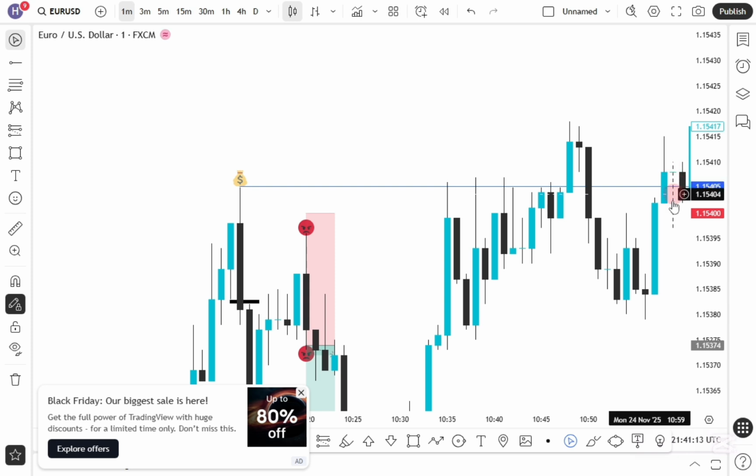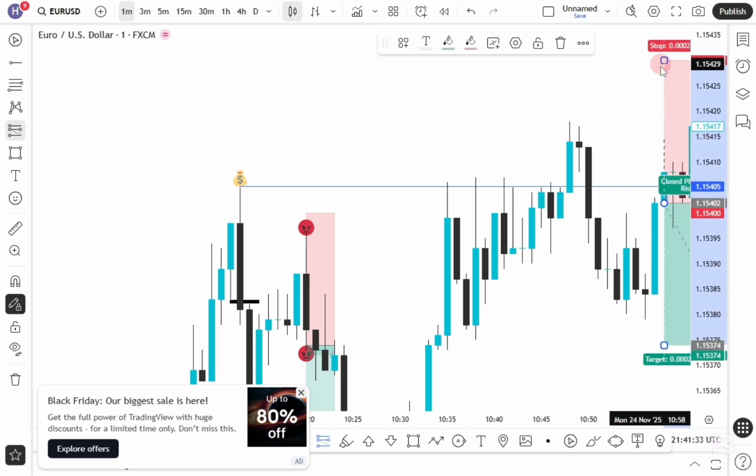But let's just take a look. This candle here crosses below. So this here will be our entry. And our stop loss is going to be up. Let's go ahead and see. So we place it here because this candle was here.